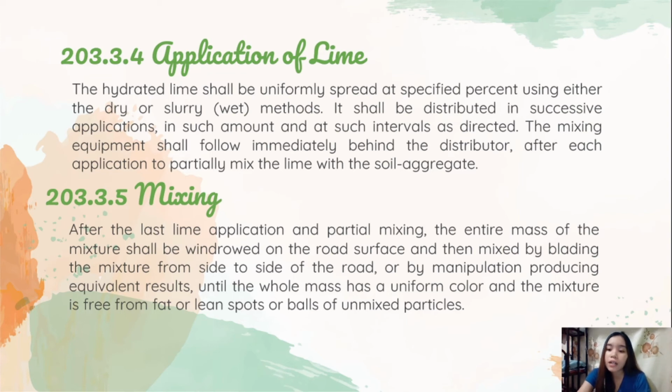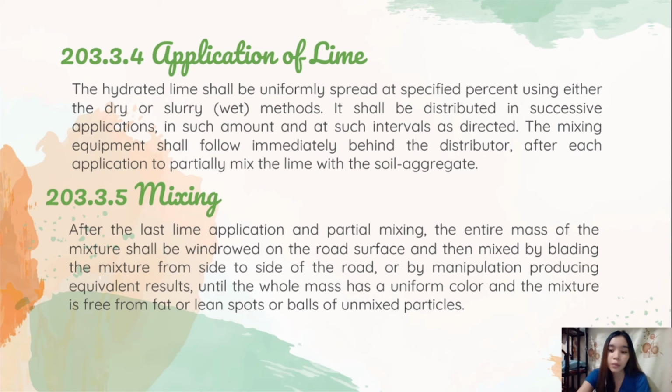Then dry application encompasses either spotting bags of lime in equal predetermined transverse and longitudinal intervals or applying bulk lime from suitably equipped self-unloading trucks. And an approved spreader is preferable for uniform distribution. Then if limestone is employed, the preparation facility should be approved by the engineer. Then a typical flow ratio is 1 ton lime to 2 cubic meters of water.